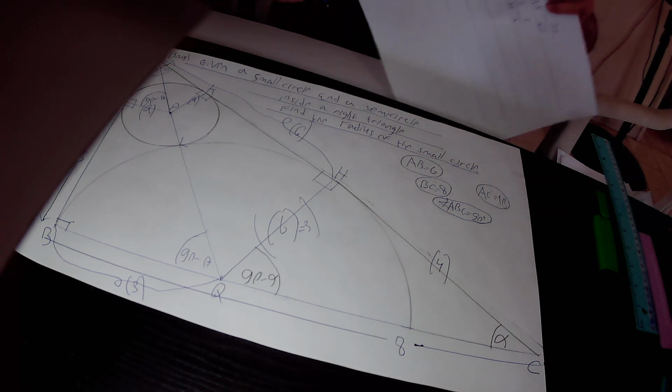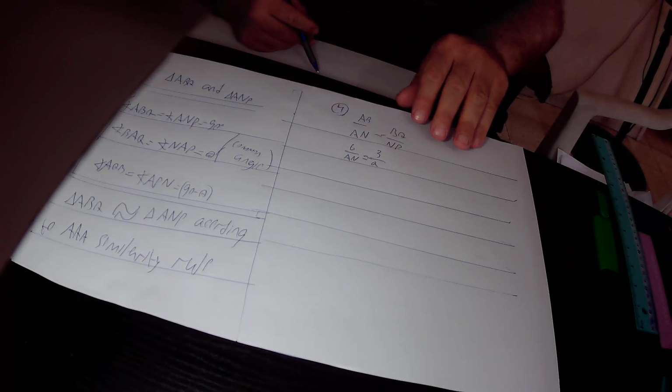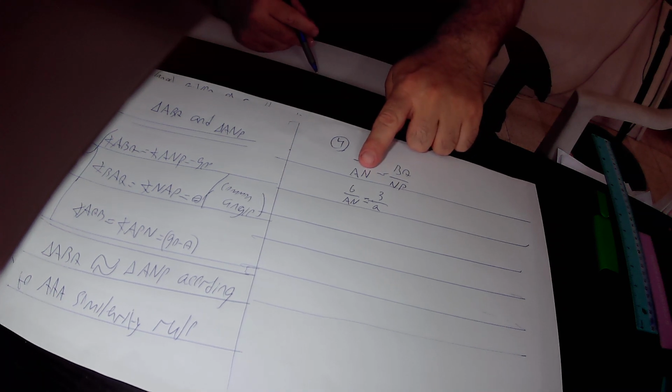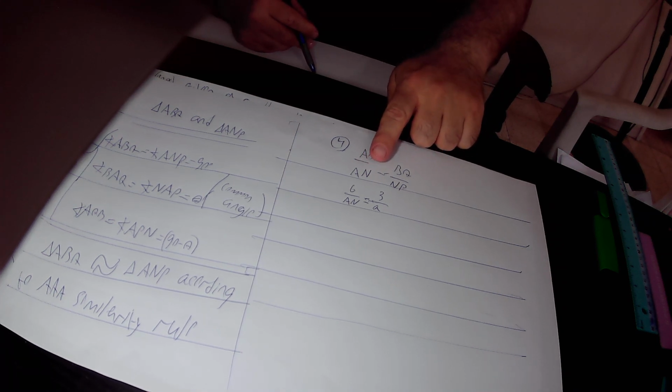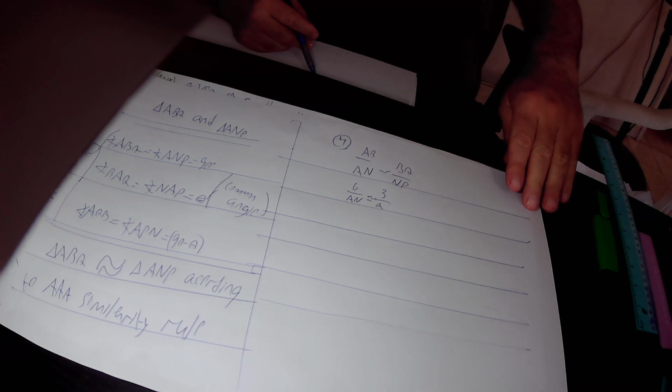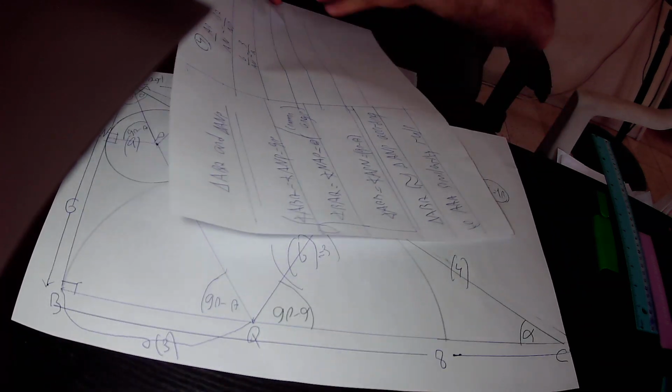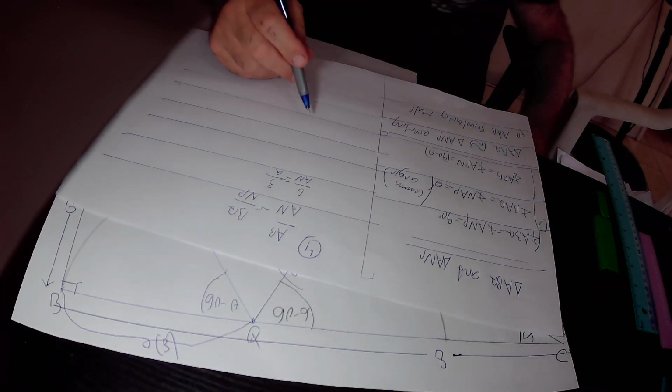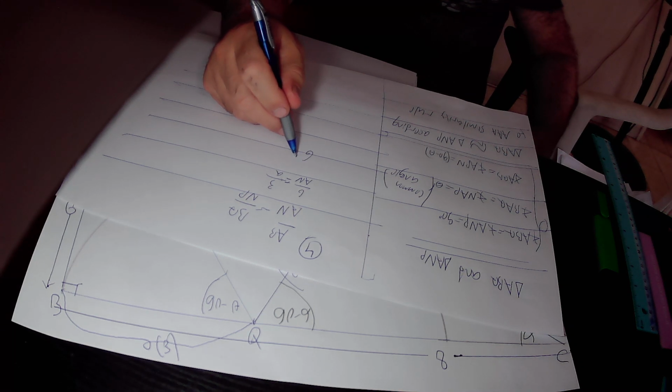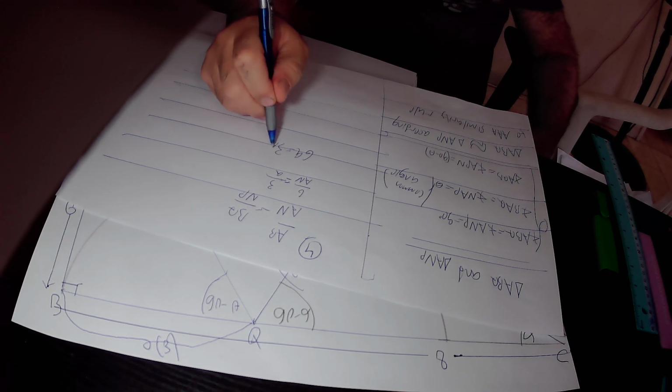So in conclusion, we found out that 6 over AN equals 3 over A. Here we cross multiply this equation. Finally we get that 6A equals 3AN.